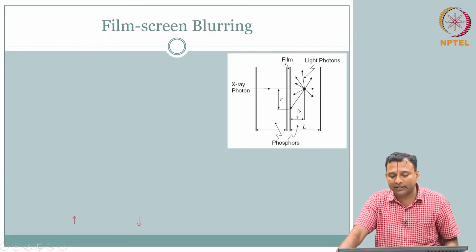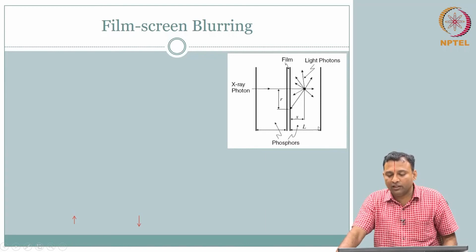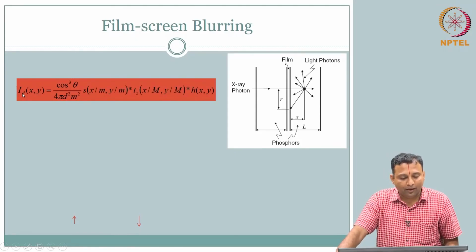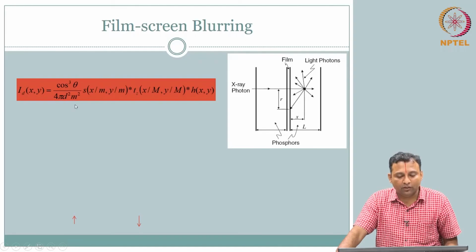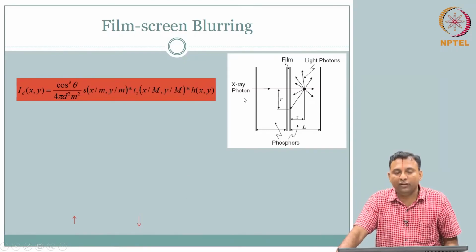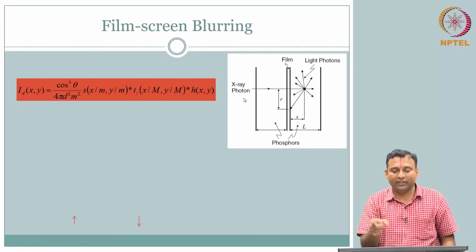Clearly you can see the effect of this geometry: the thickness of the film screen has an important role to play. So you can update your imaging equation with just this convolution of h of x comma y. h of x comma y is your screen's response, your film screen, your intensifying screen combination.